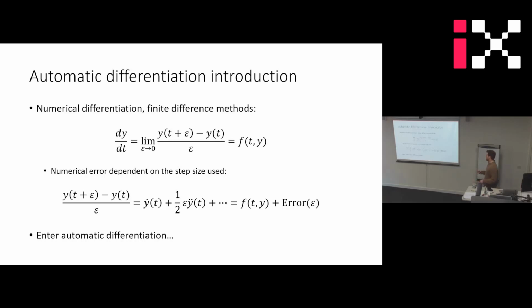The problem is then we accumulate some error proportional to the size of the step, or some power of the size of the step. So if you need to solve your differential equation a million times forward in time to get to your endpoint, that error is going to accumulate very, very quickly. So you need something that's much more accurate. Automatic differentiation can give you the analytic derivatives, so it's only wrong to machine precision as opposed to this step size precision.